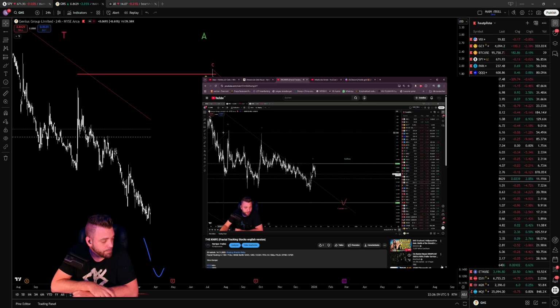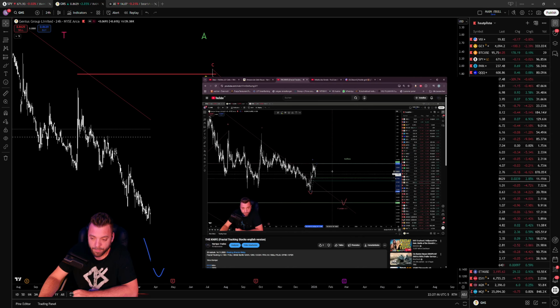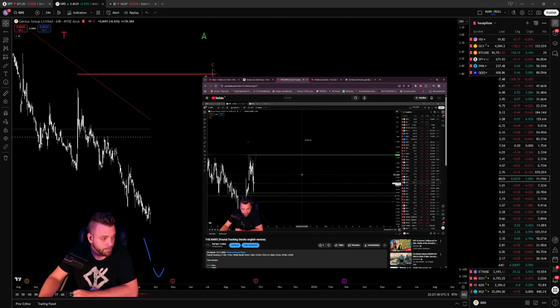For the absolute bullish version, this was your V. Somewhere in here is your higher low. This peak here was your little a. And if this was little a, you take from the bottom to the top a 0.5 and look where we bounced today.